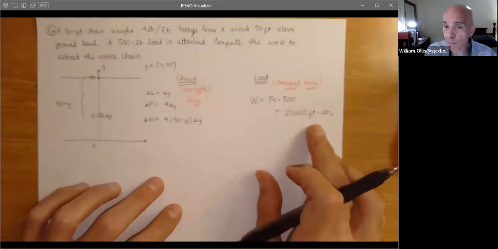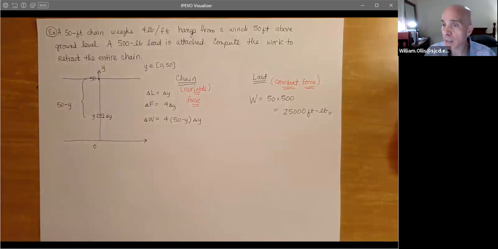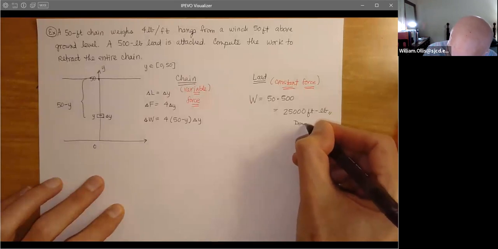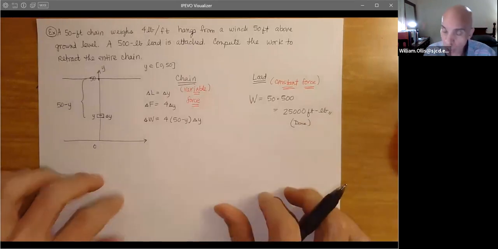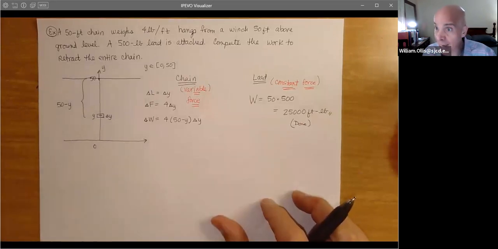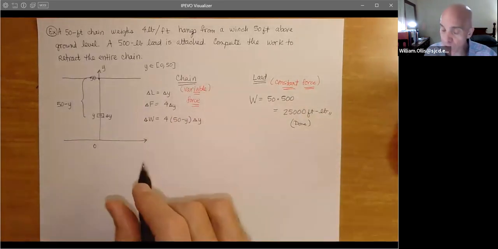So that's kind of like the freebie part of the problem. You're kind of stuck with that. And then the calculus part is retracting the chain that has a linear density. So now this part is done. And so whatever we get here to find the work will require adding the two. And I want you to do these separately so you get the logic.